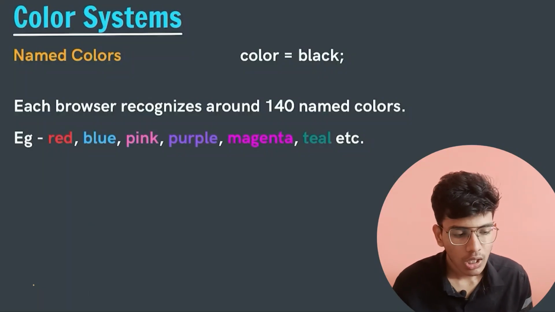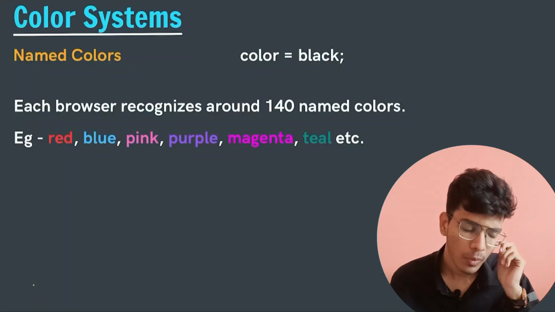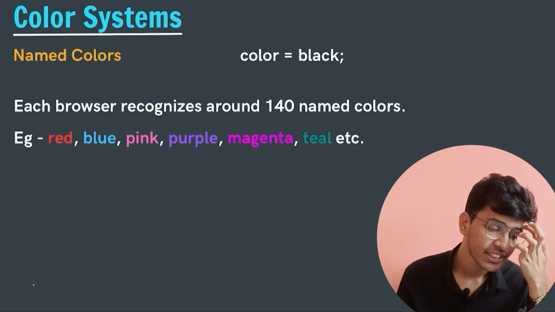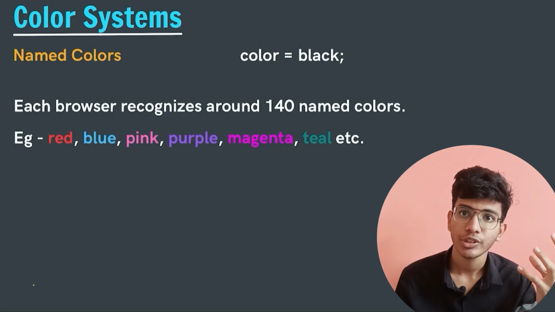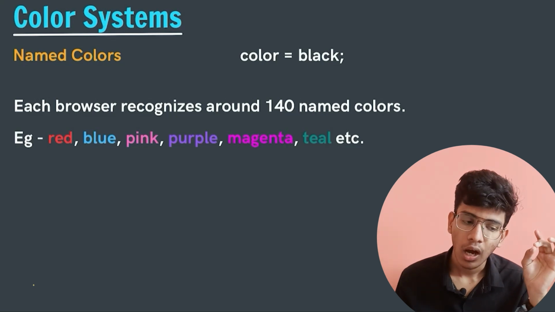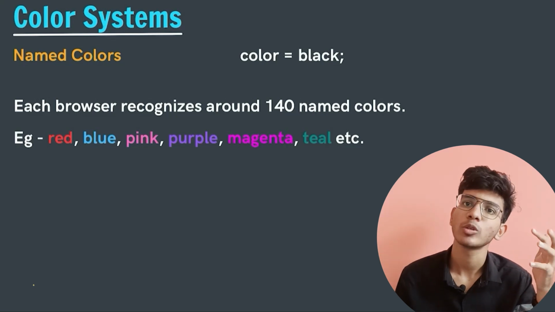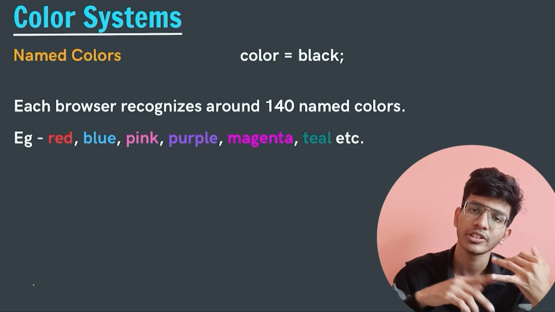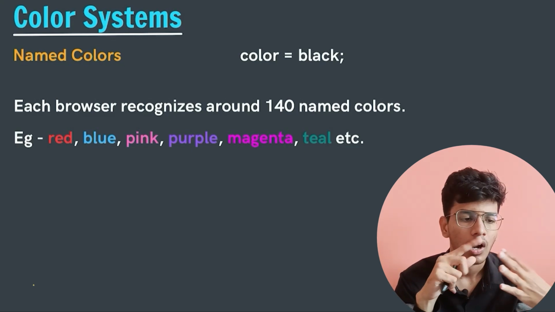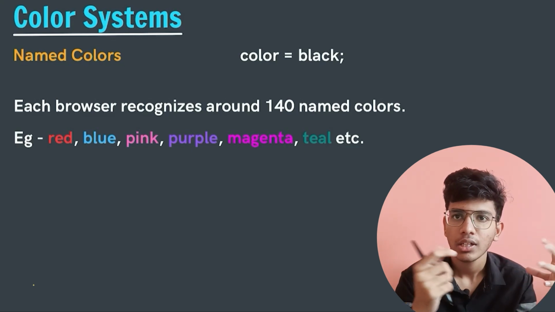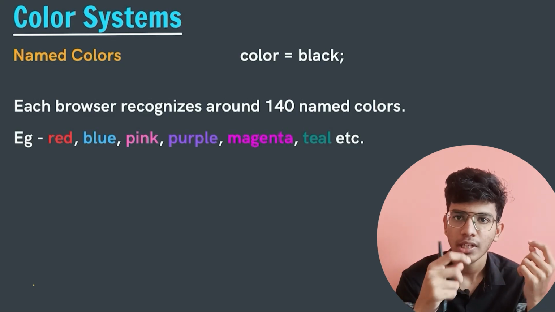Okay, so let us talk about color theory. Talking about the color systems in our browser, there are multiple colors, and whatever browser you are using, let's say you are using Chrome, Microsoft Edge, Safari, or Brave, different browsers, right?